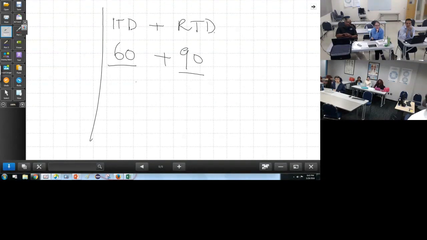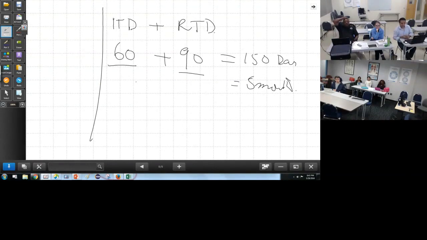That sum is going to be equal to 150 days, or equals to 5 months, right? What that means is that when you inject your cash into the working capital, it takes 5 months for you to get that cash back and re-inject.